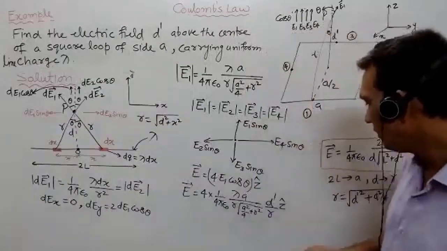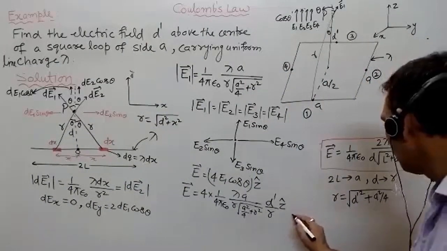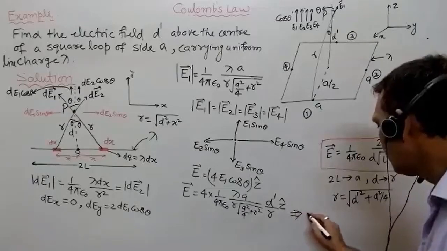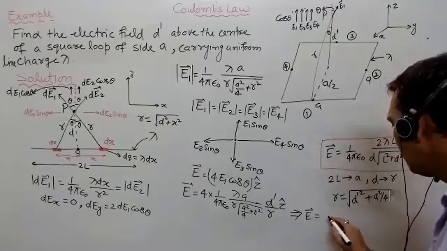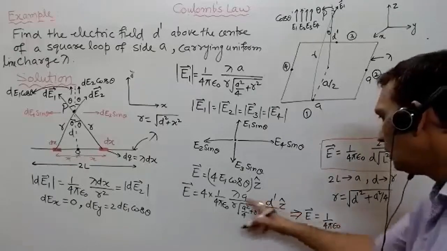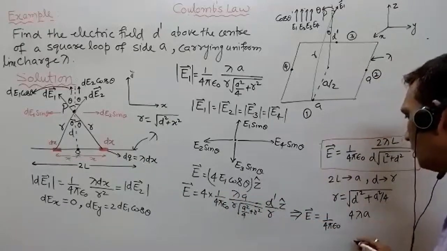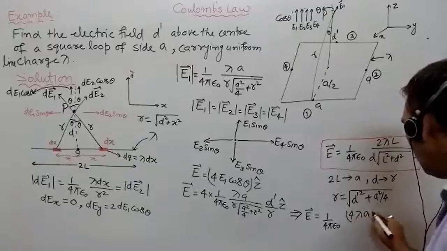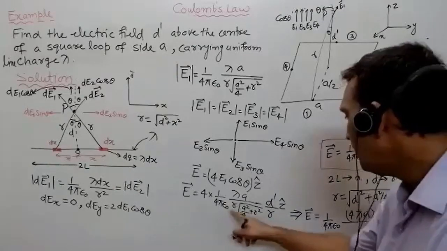So finally you can write the resultant electric field E as 1 by 4 pi epsilon naught into 4 lambda a into d dash by, this will be r square.